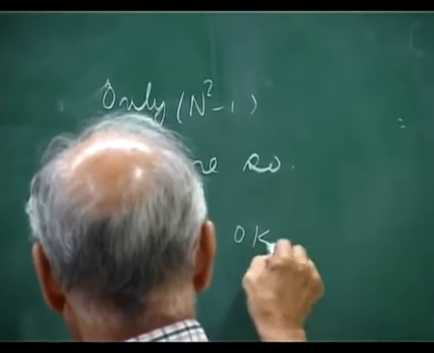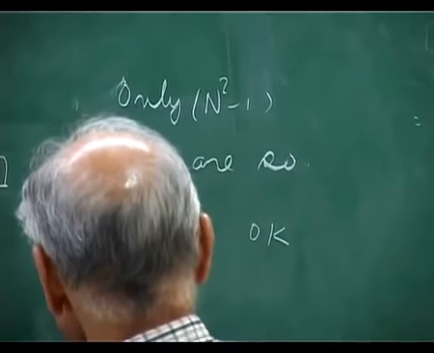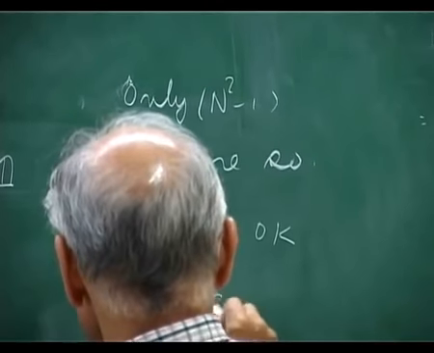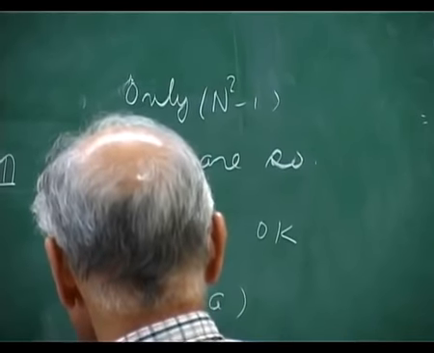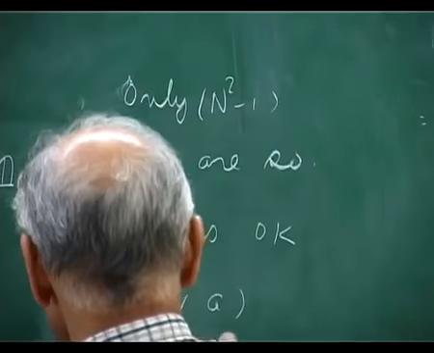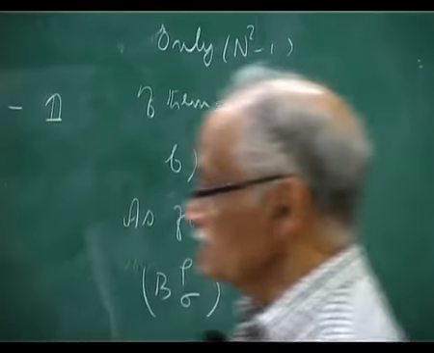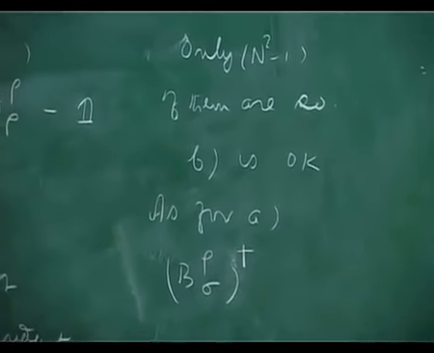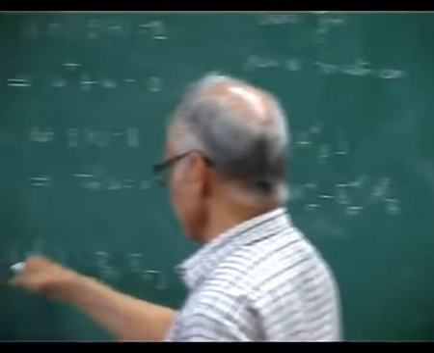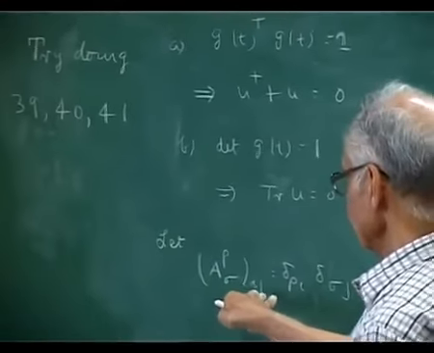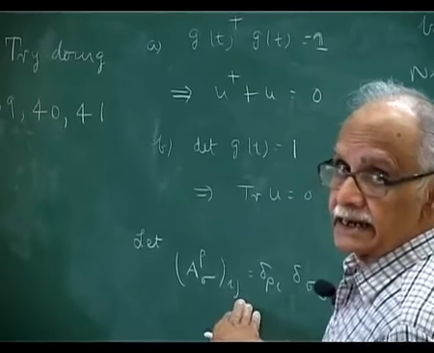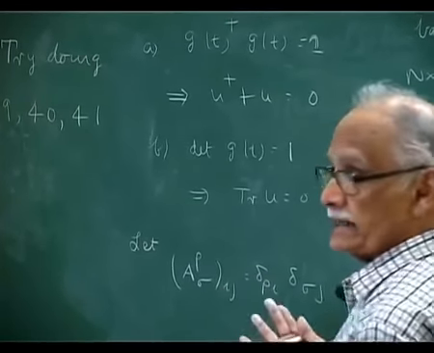Now, as for A, what we have to know is what B rho sigma dagger is. By definition, I am taking the dagger of B rho sigma. I should complex conjugate, but these are real, so transpose, exchanging J and I. So what will happen is I will get B sigma rho.